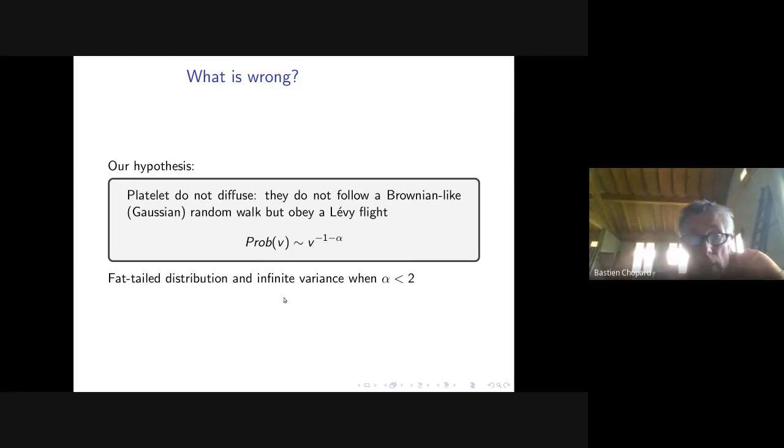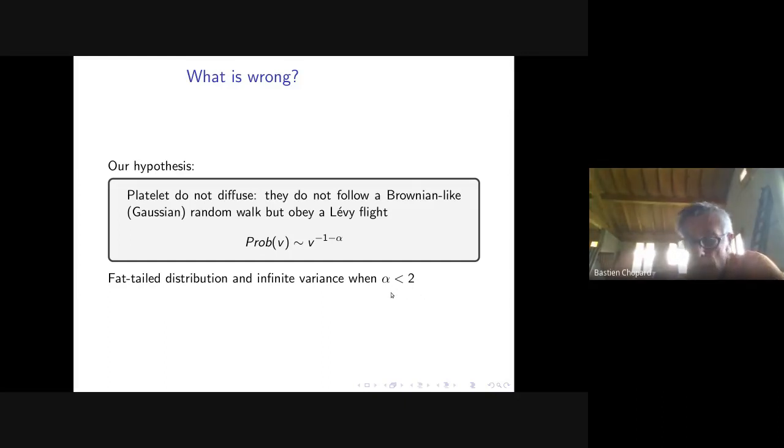This has consequences because this is a fat-tail distribution. It means that you have big velocities, so large-amplitude events that are not so rare, which maybe explains that you have a much faster displacement of the platelet.